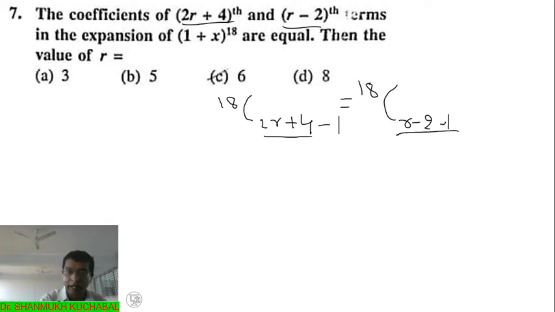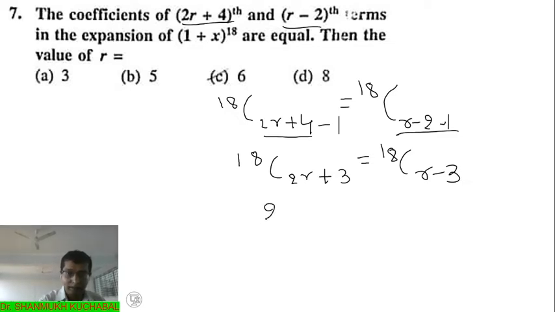So we will simplify. We get 18C(2r+3), and here it is 18C(r-3). Now n are the same, so we equate r, that is 2r plus 3 equals r minus 3.